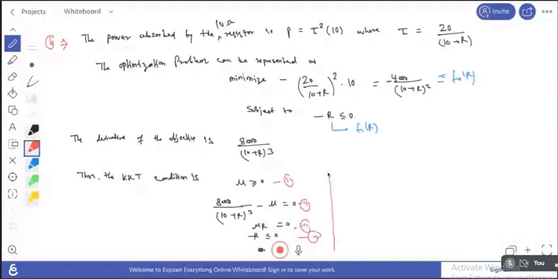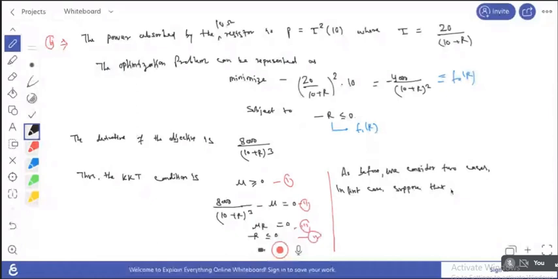So what is this here? Here we consider mu equal to 0 or greater than 0, as before. In the first case, mu is greater than 0.